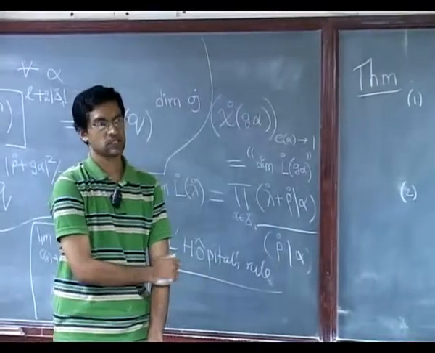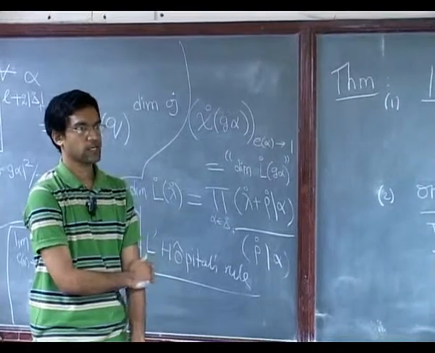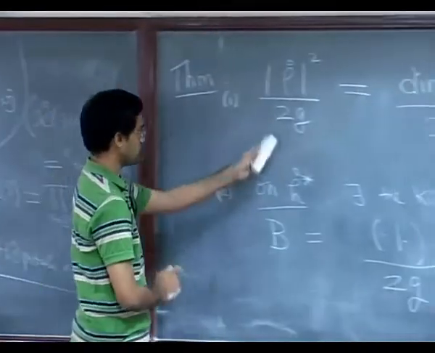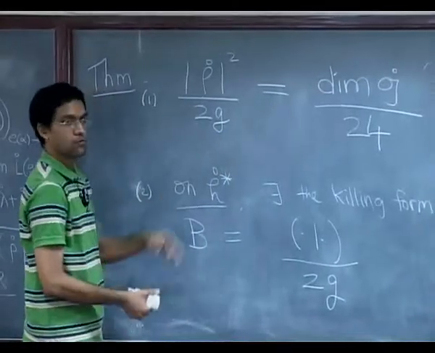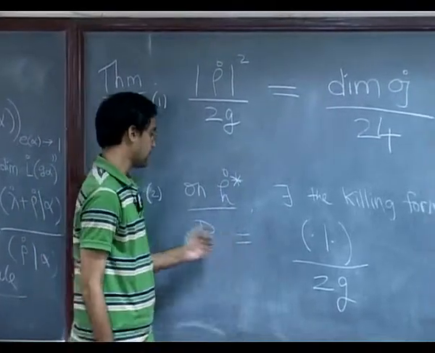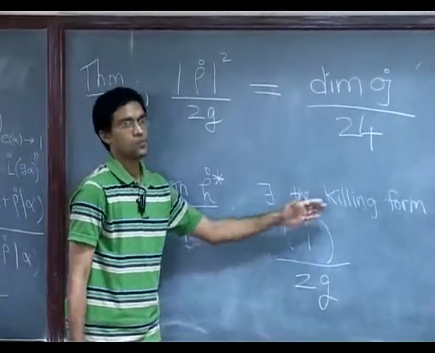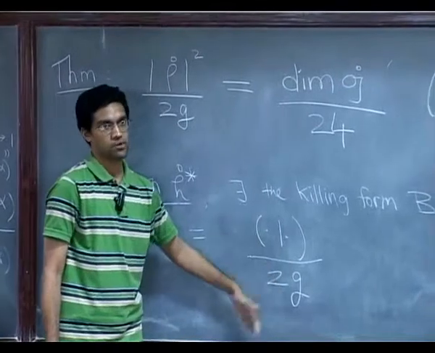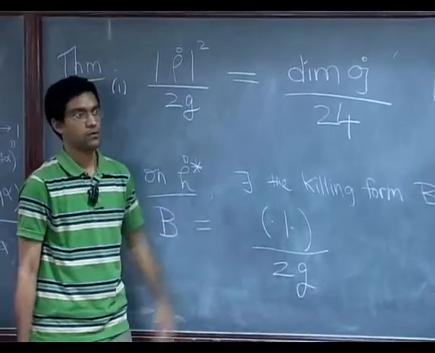So this factor, which seems somewhat strange at this point, 1 over 2g, is in fact exactly what you need to scale the Killing form by to get the normalized form, or you divide the normalized form by that in order to get the Killing form.